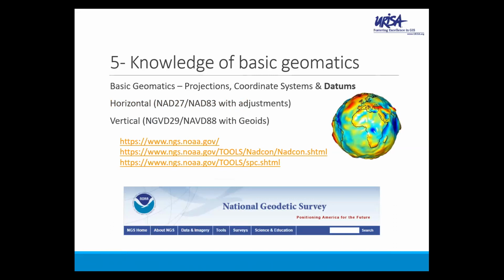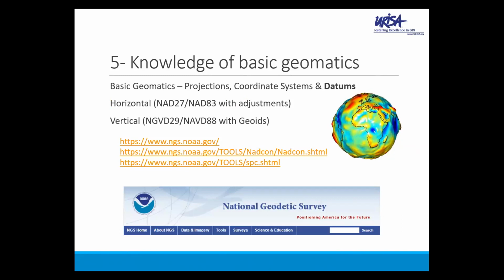The last thing that I want to talk about in terms of basic geomatics is understanding what datums are. And of course, the definition of a datum is simply a reference plane or a surface. Here in the United States, we have different reference planes, surfaces, that we use for horizontal measurement and for vertical measurement.